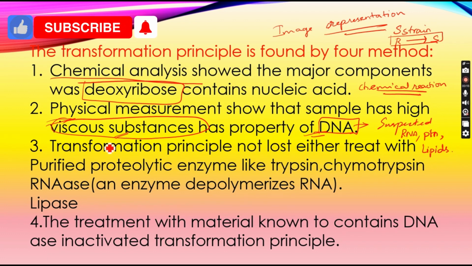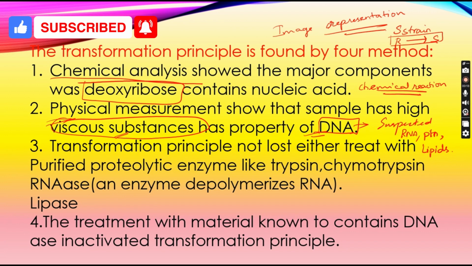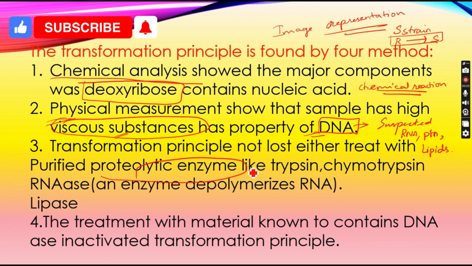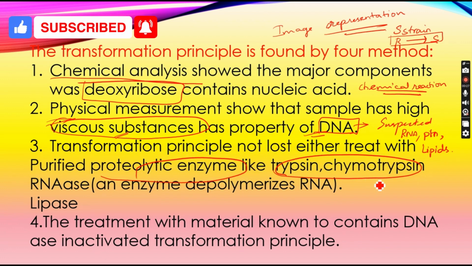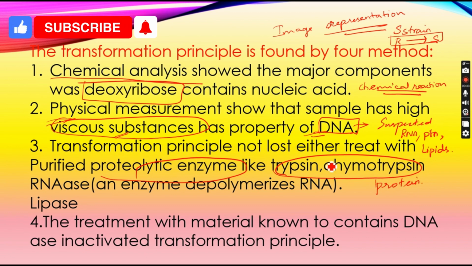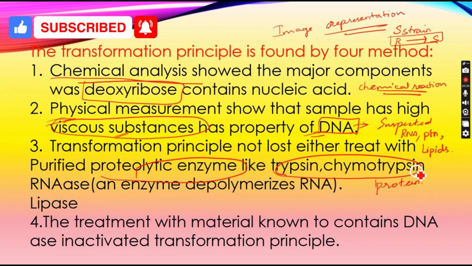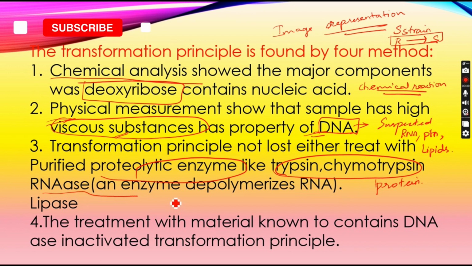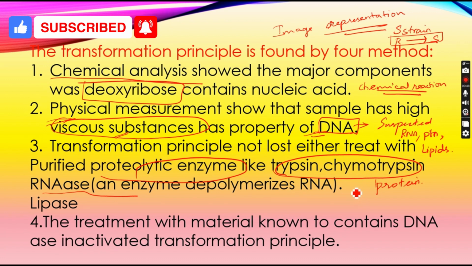So the culture is treated with proteolytic enzymes like trypsin and chymotrypsin. If the genetic material is a protein, it causes lysis by trypsin and chymotrypsin. And it was also treated with RNase. If it is RNA, it can lead to a lack of transformation principle after treatment with RNase.